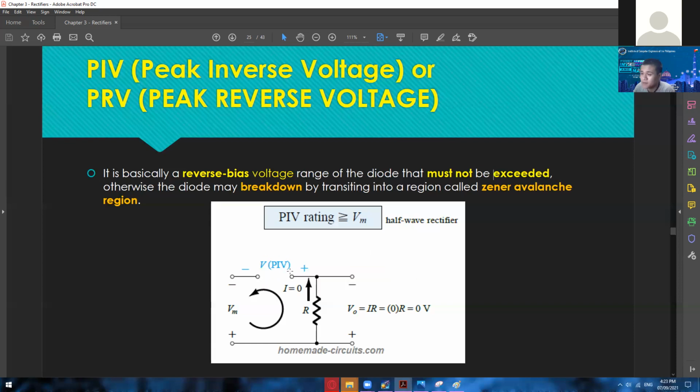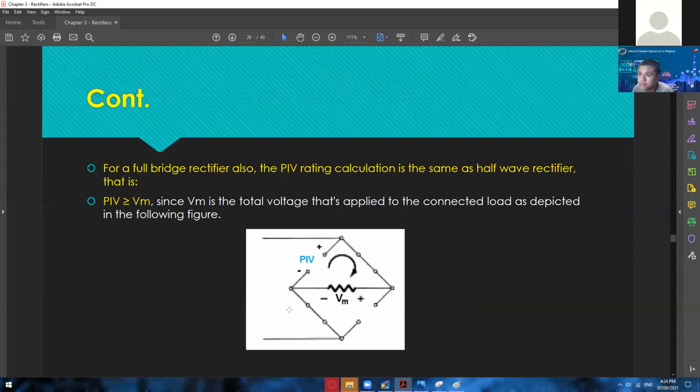We're going to have more examples on that one, I think, on the final. So for now, it says here that the PIV rating is greater than or equal to Vm. We can only attain that if we have a rating at least equal to your peak voltage. This one is only for a half wave rectifier.